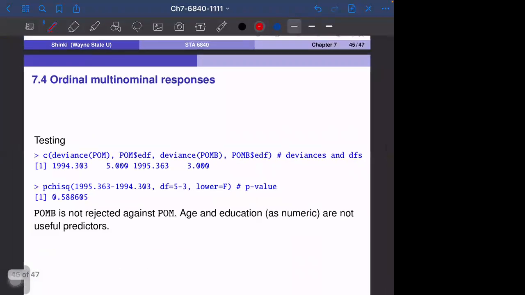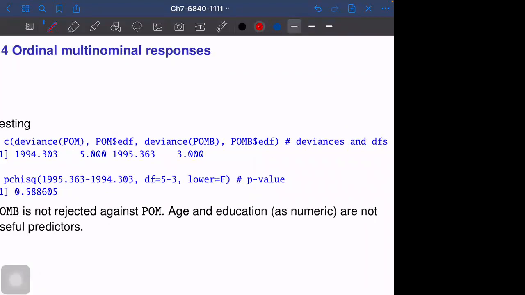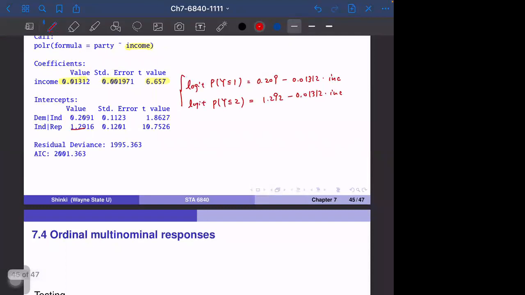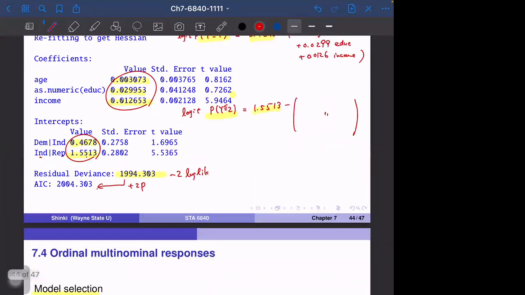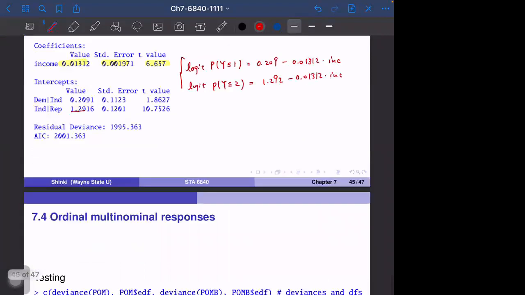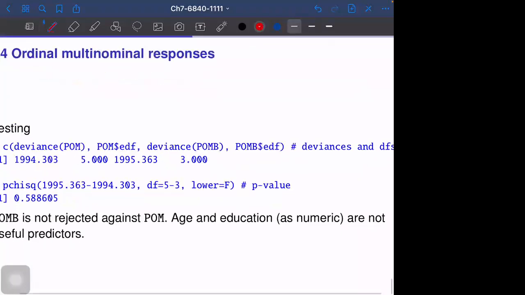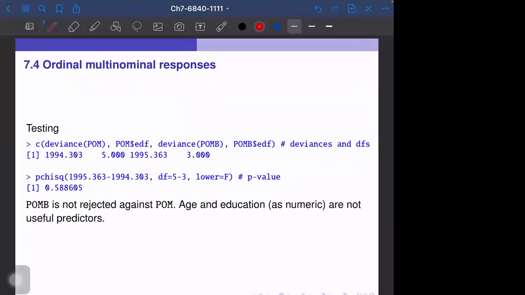So at first, the testing. We dropped 2 variables, age and the education level, and probably they are not significant because the stepwise regression chose that. Then if we calculate the deviance of the 2 models, the smaller model is probably the best model.